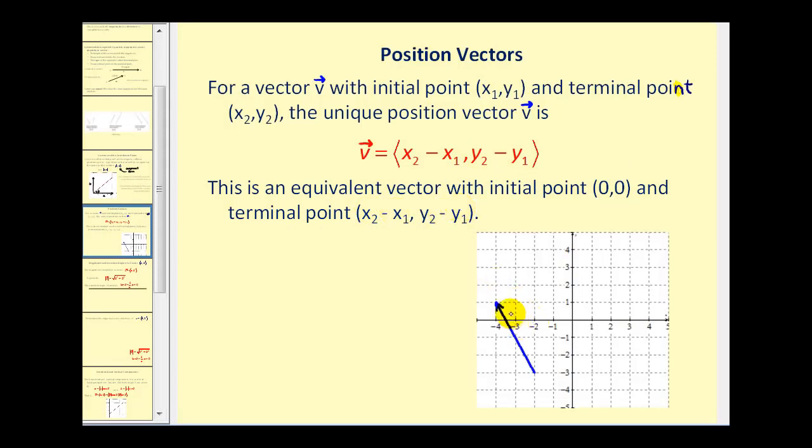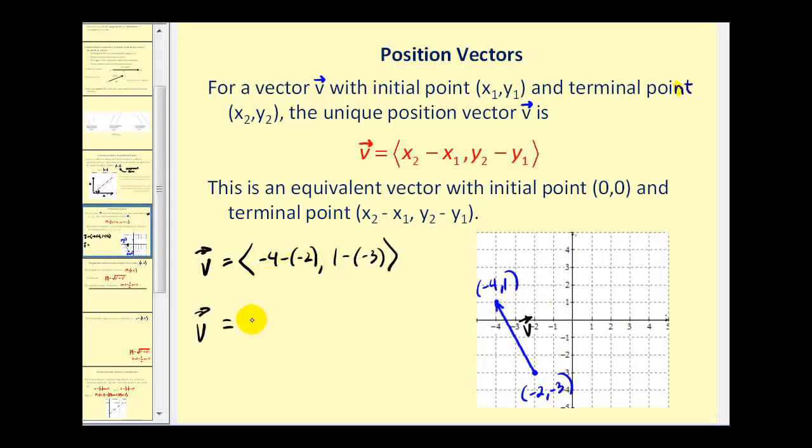Let's go ahead and write this vector as a position vector. This is the point (-2, -3). This is the point (-4, 1). If this is vector v, we can write this as a position vector by subtracting the components: -4 minus -2 and 1 minus -3.